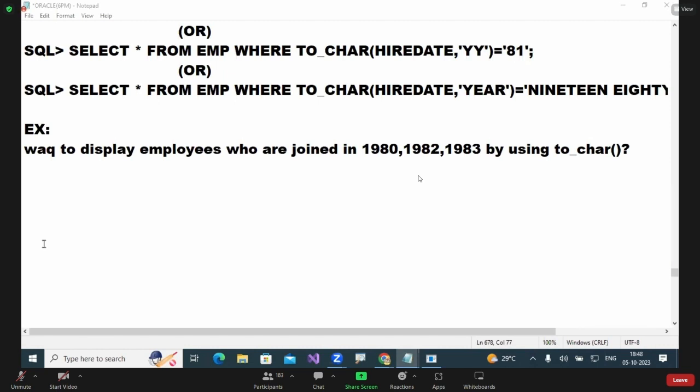Not to underscore char. Is there any operator like that? Don't create your own. Give me the pen. Don't create your own, this is not accepted.